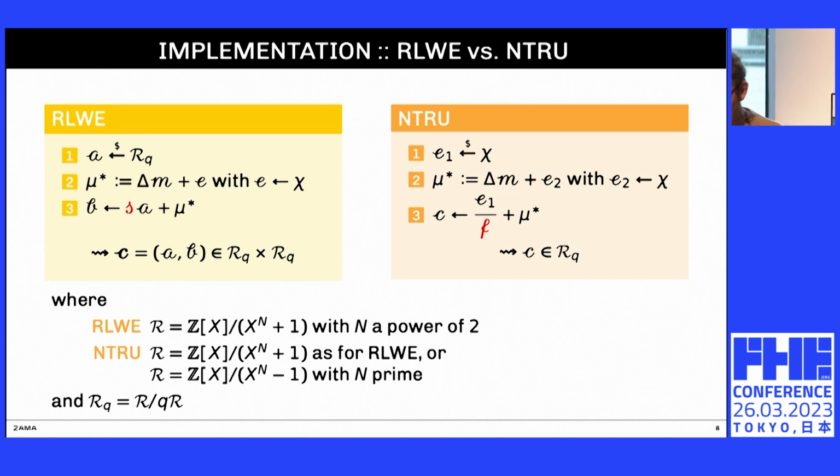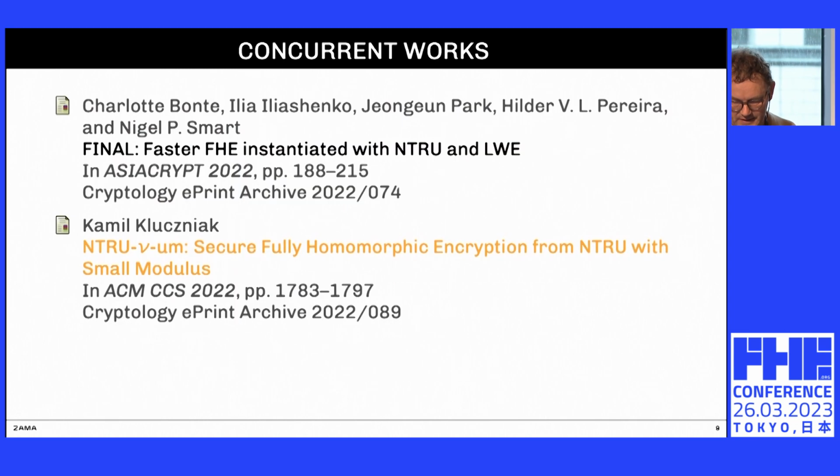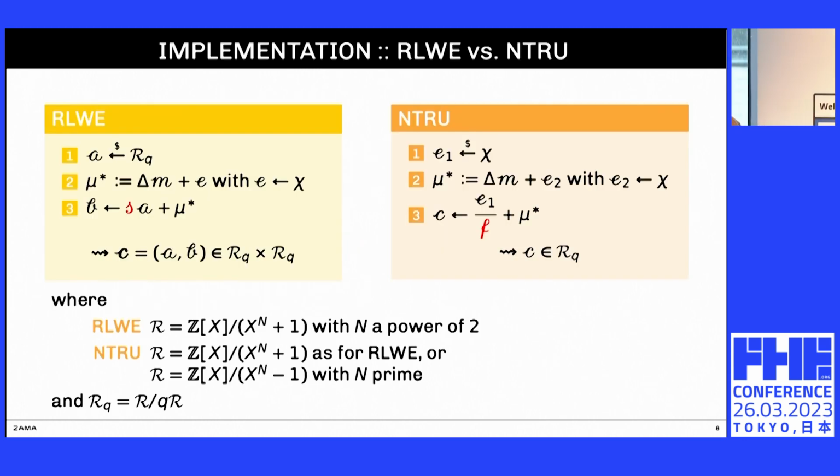So that idea has been put forward into work. There is a work by Charlotte Bonte and other people. The name of the cipher is known as final. Sorry, maybe I was slightly too fast.